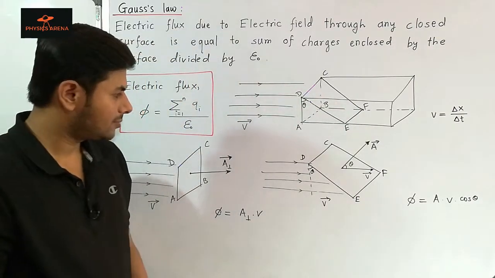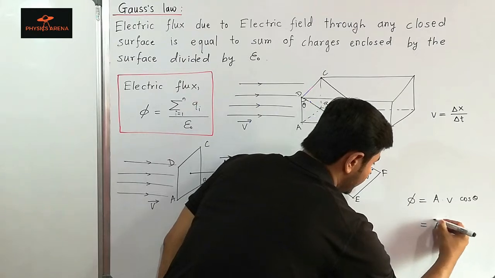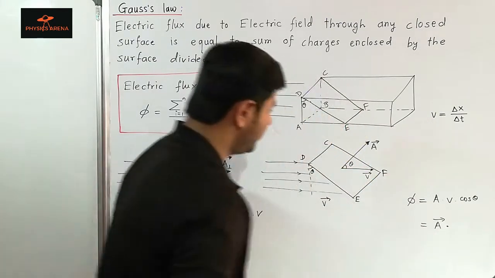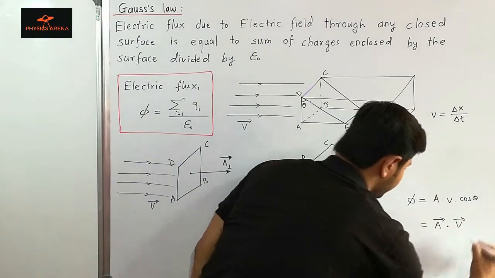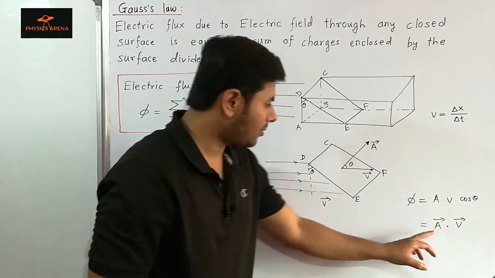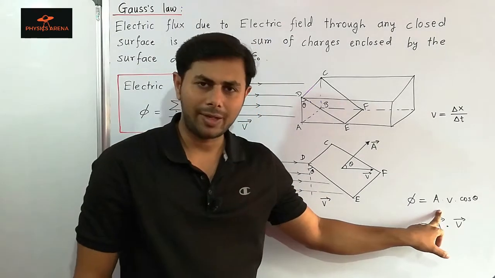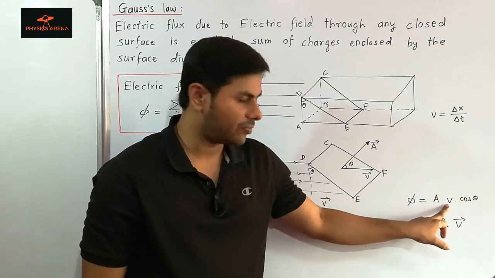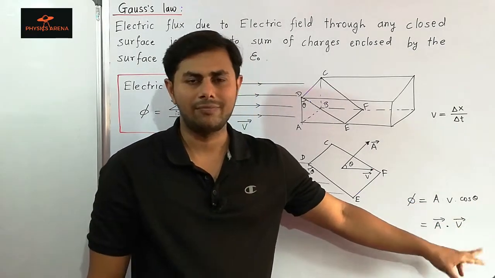Now we can represent this flux as the dot product between this area vector and the velocity vector. Recall that the dot product A bar dot V bar is equal to the magnitude of A multiplied by the magnitude of V bar multiplied by the cosine of the angle between these two vectors.